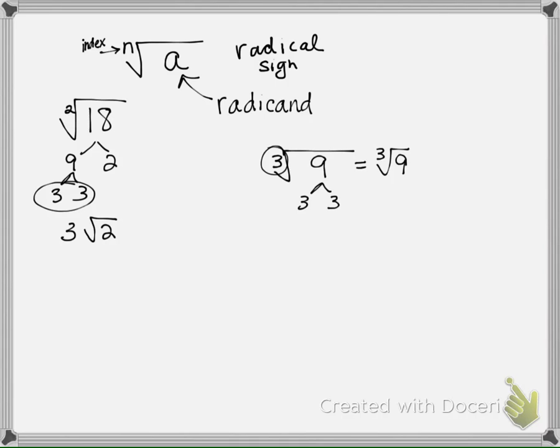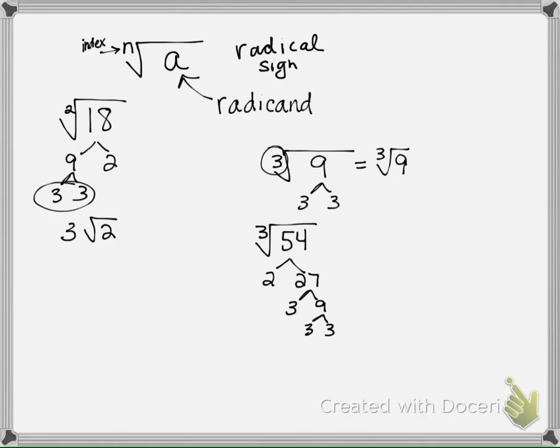I can't simplify it. But I could break down, let's say, the cube root of 54. Let's break it down. What do we have here? 2 and 27? And 3 times 9? 3 times 3?